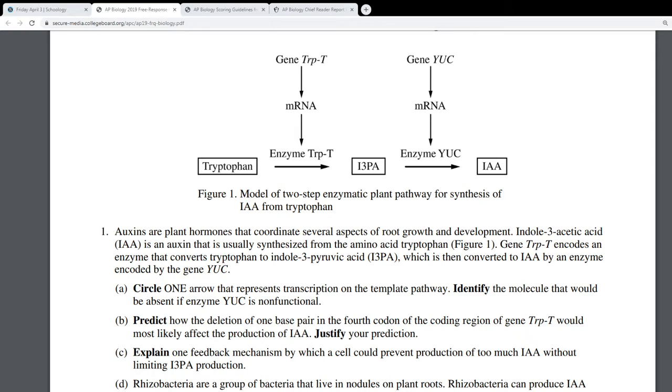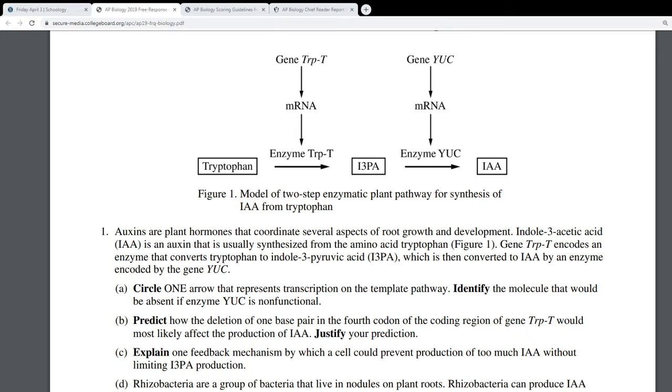Now remember, it's going to be how it affects the production of IAA. So there's only really three opportunities here. It's either going to increase it, decrease it, or keep it the same. Which one do you guys think would happen if we delete one letter out of the tryptophan gene? Hopefully everybody identifies a decrease.